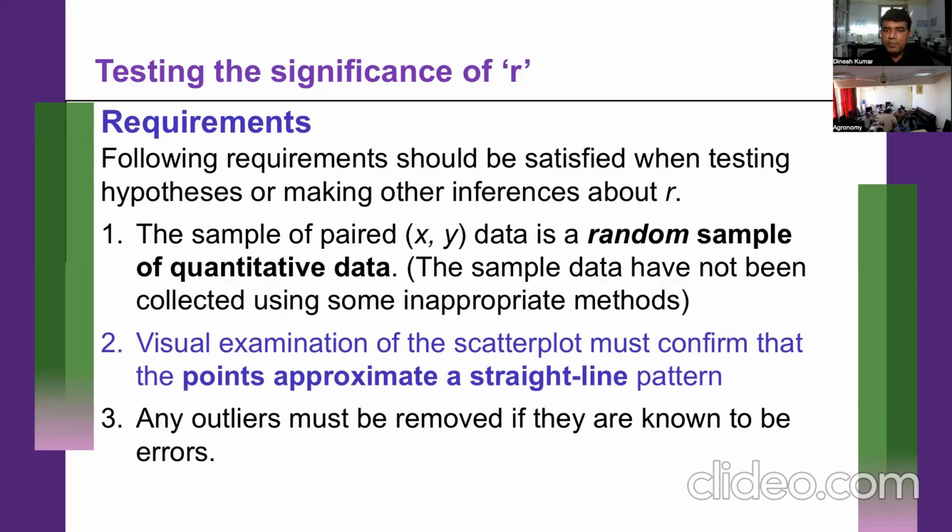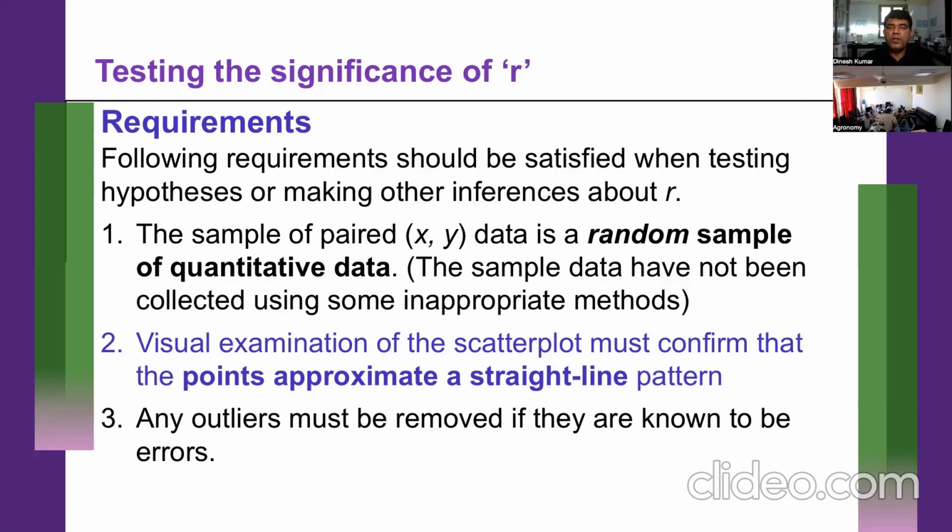Now, the sample of paired data must be a random sample of quantitative data, meaning numerical data. The sample data should not have been collected using some inappropriate method, so we should follow all the sampling procedures. Then, visual examination of the scatter plot must confirm that the points approximate a straight line pattern.